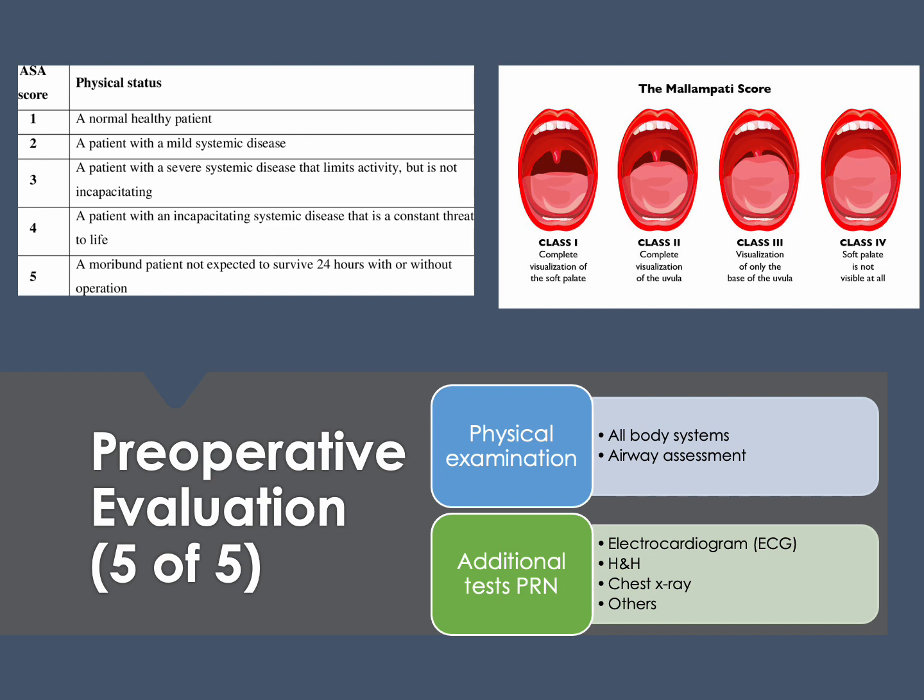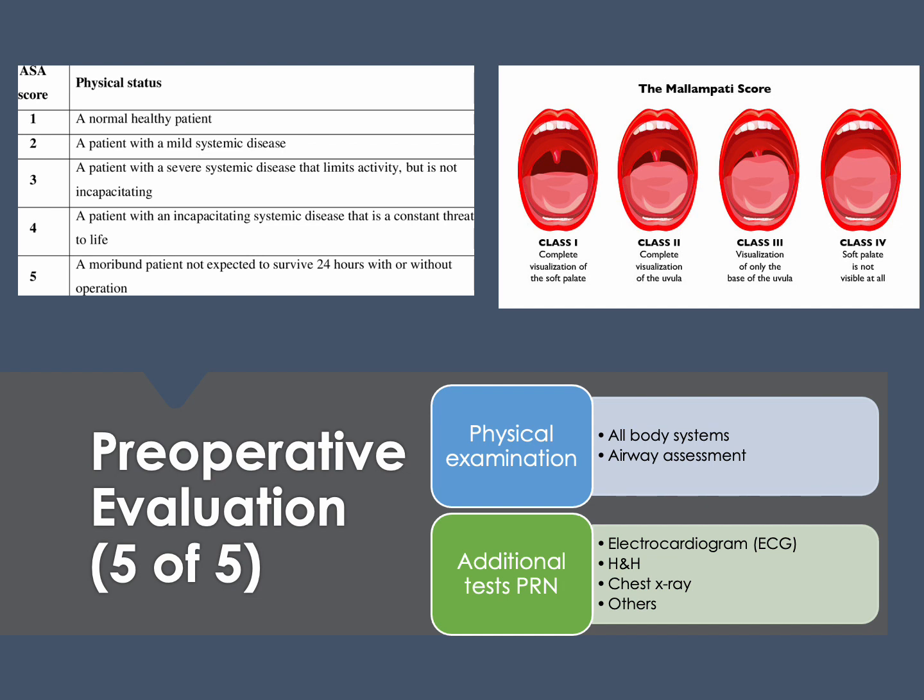There are two scoring systems that are typically used, and they're here on the screen for you. One is the American Society of Anesthesia score. It is also in your book on table 13.1, and then something else called the Mallampati score. And depending on how the preoperative evaluation turns out, other preoperative tests may be ordered by the anesthesia care provider.